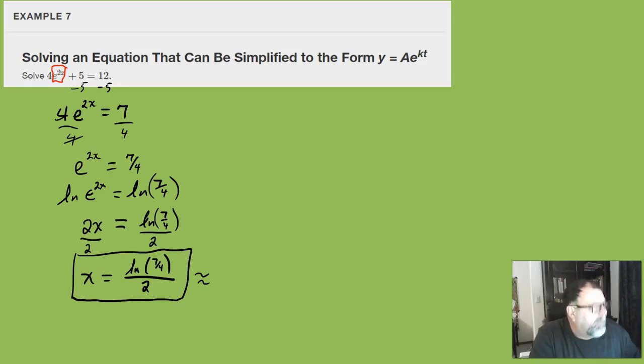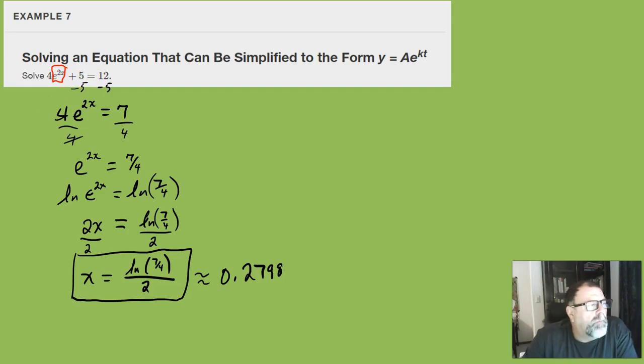I had a problem with it. It took it different than what I wanted. So, 0.2798. If I want to check that, I can do 4 times e to the parenthesis 2 times 0.2798 close parenthesis plus 5, and see that that's close to 12, right?